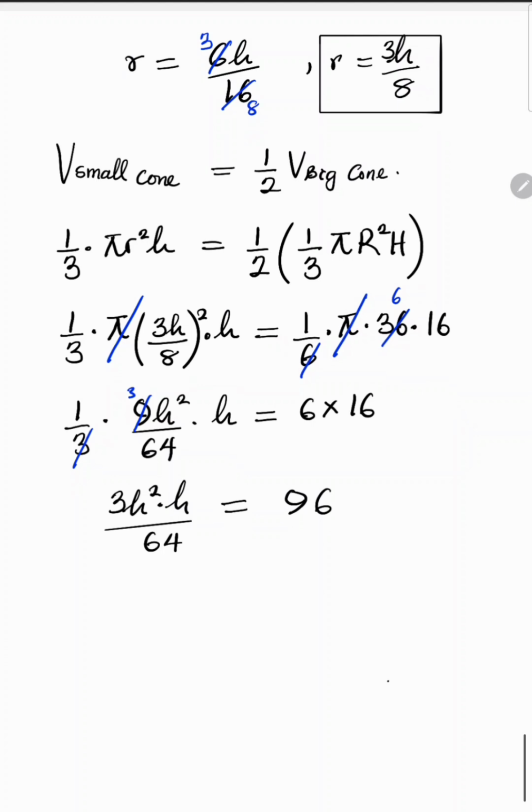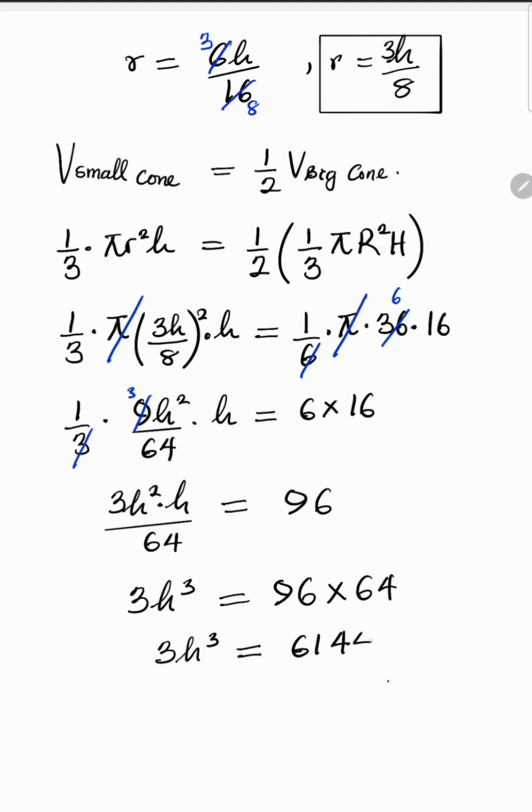Okay, so our left hand side here, h square times h, that will give us h cube. So we have 3h cube is equal to 96. We can cross multiply, taking this to this side, that's 64 times 96. And 64 times 96 will give us 6144. So we have 3h cube is equal to 6144.